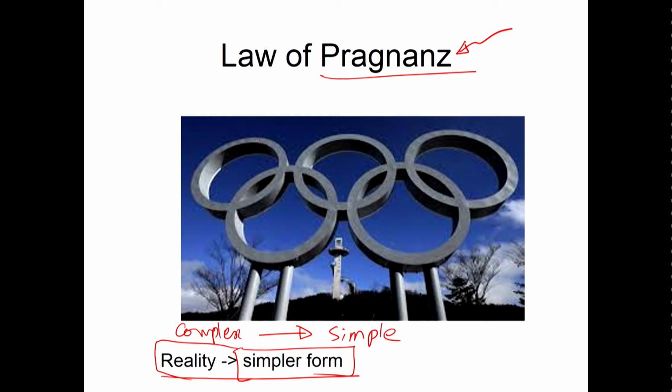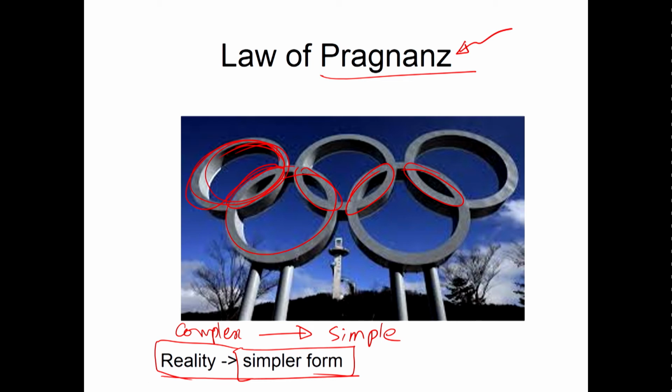For example, if you look at these Olympic circles, there are segments of the circles, and there are smaller objects. We do not divide the Olympic circles into smaller different objects, we perceive them as 5 different circles. So, that is the simplest form.